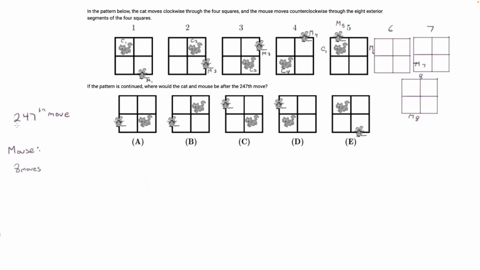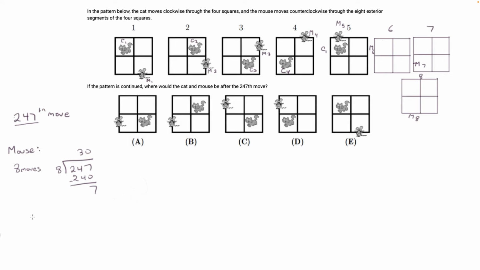And we're looking at the 247th move, so we can divide 247 by 8. So if we do that, we can write 30 and 240, subtract them, we get a remainder of 7. So we have 7 remaining moves.